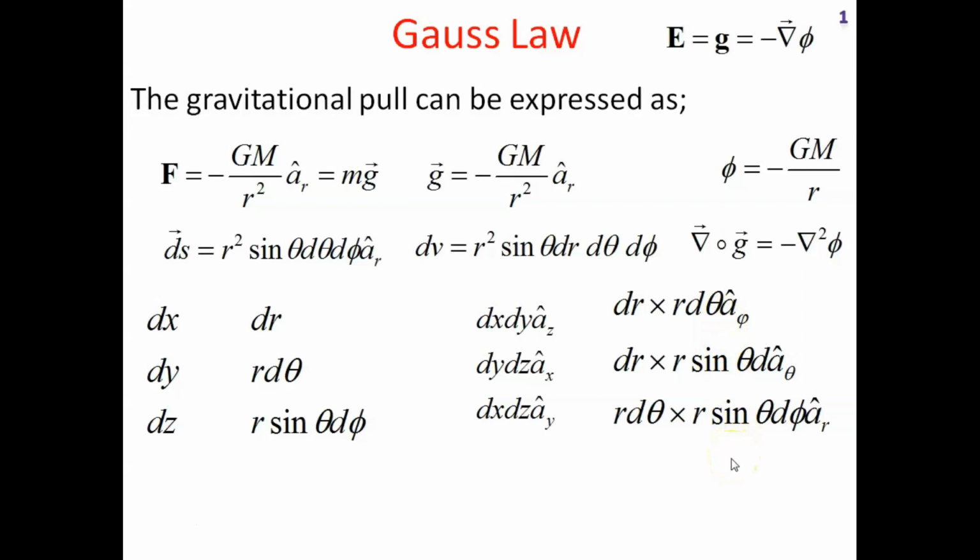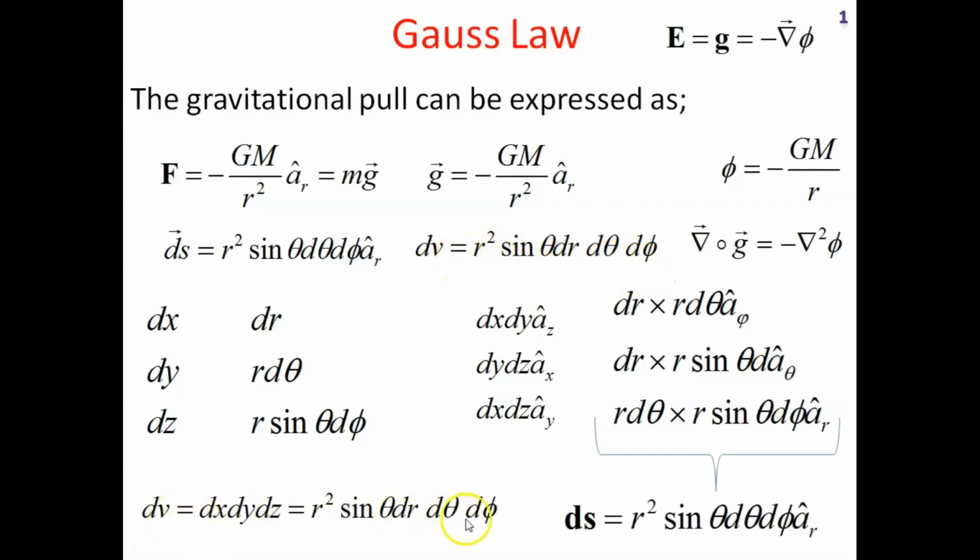When we are talking about the surface of a sphere, dr variation is not of concern, so we are left with the option r d theta into r sin theta d phi. If you properly write this, it will be r square sin theta d theta d phi. This quantity is being considered here into unit vector ar cap. If you like to find the volume element, we have done that in the previous part: dV is equal to r square sin theta dr d theta d phi. So the volume element and the concerned surface element are highlighted here.